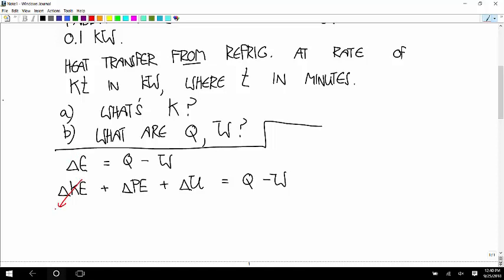So these go away. It says that explicitly in the problem, but normally we're going to be able to assume that if there isn't reason to believe that they change.